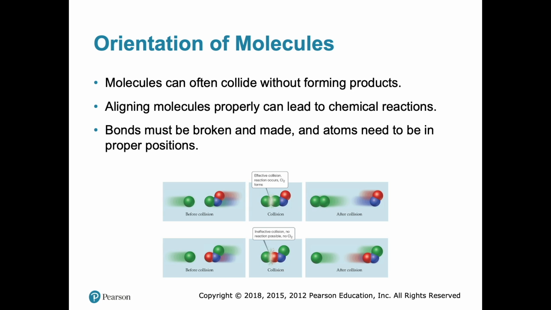So you get a chemical reaction where chlorine gas is released, and then you have this leftover product right here. But you also have some that collide incorrectly, and no reaction happens at all. Both of those are super important for a reaction to occur.